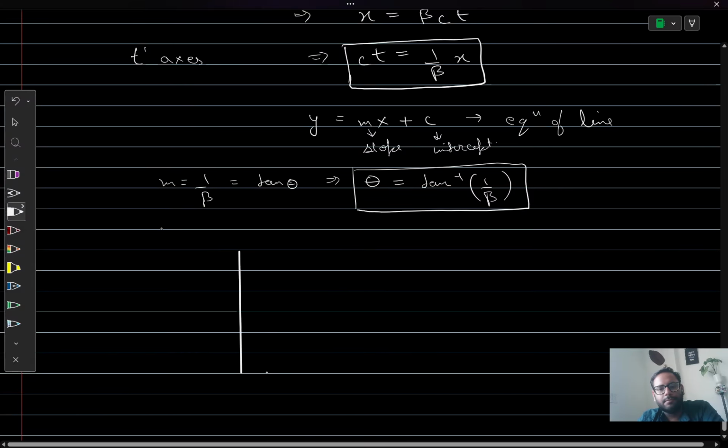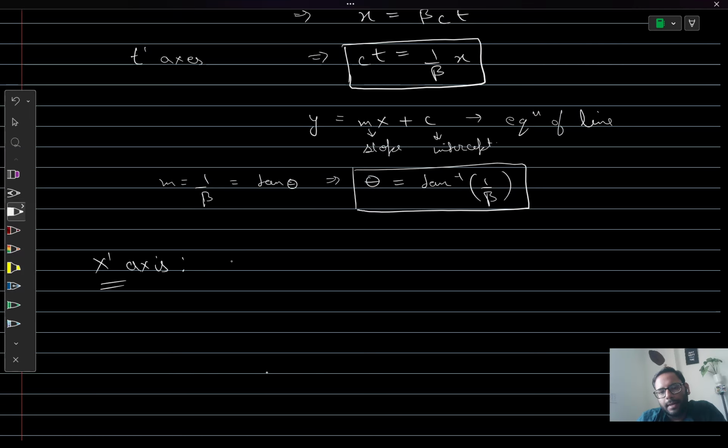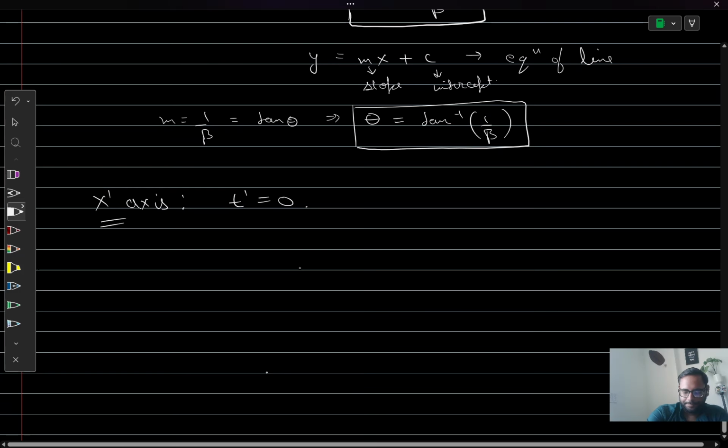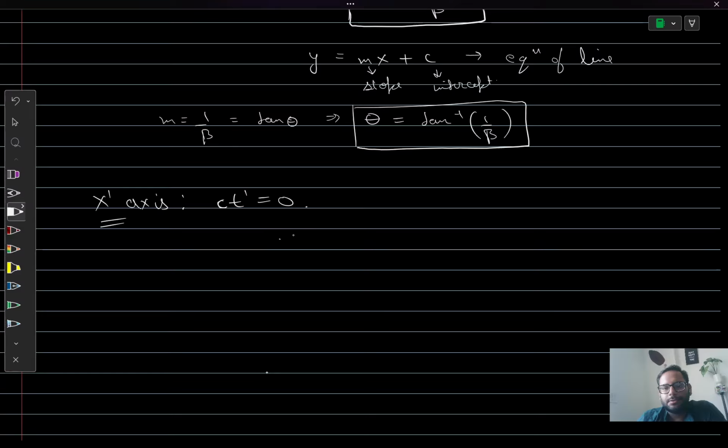Let's derive for the x prime axis, then we will draw it. For the x prime axis, t prime should be 0. You can write it like this: gamma (ct minus beta x) equals 0.